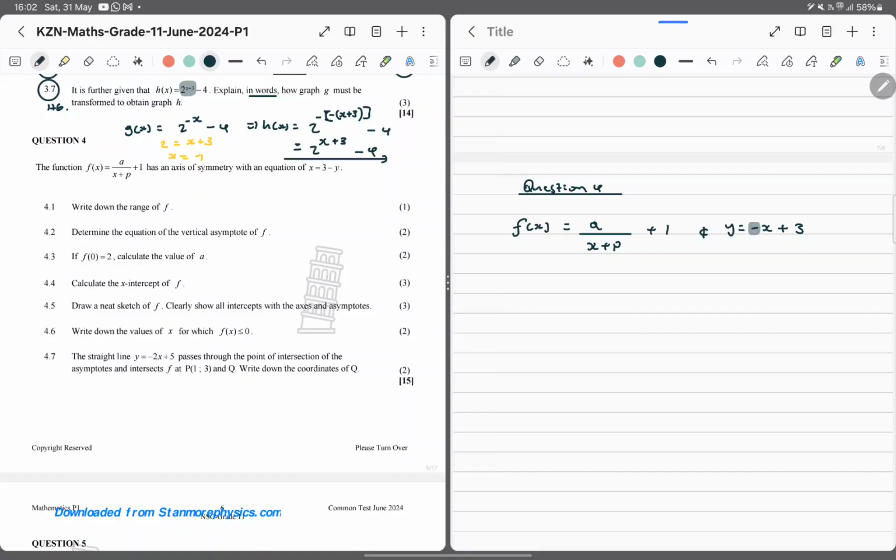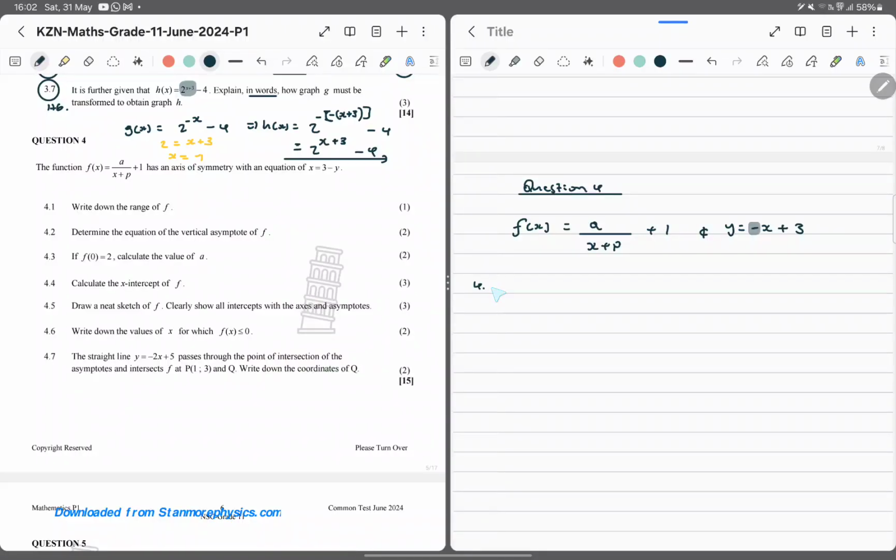Okay, so we have something. So what do we know, guys? It says write down the range. This is cool because the range of this graph is only limited at the horizontal asymptote.